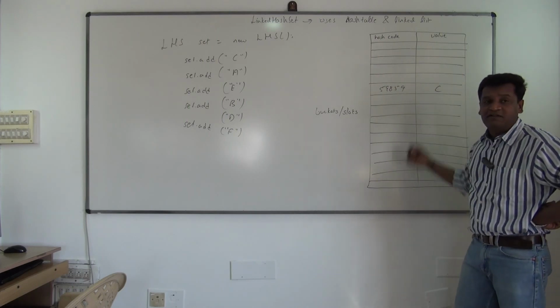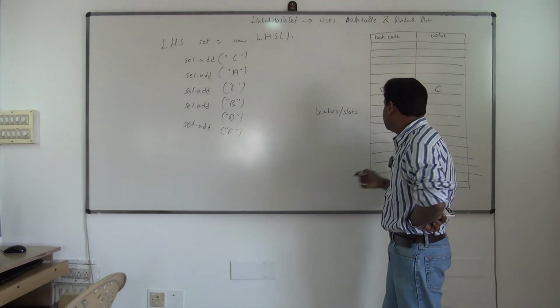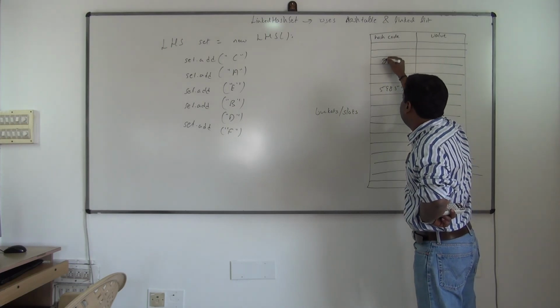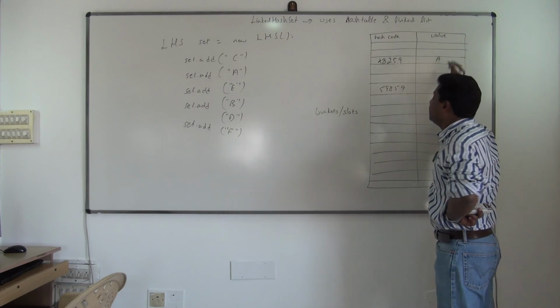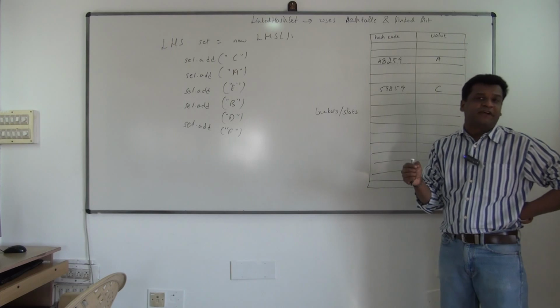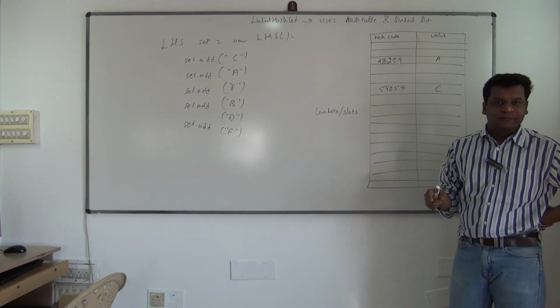This is the hash code and that is the value. Next, A will be stored. A can be stored where? Depending on the hash code, it can be stored here, with a hash code like 48259, and A can be stored here, in another slot. So it is the hash code which decides in which slot or bucket the element will be stored.